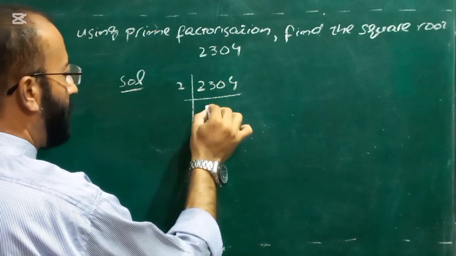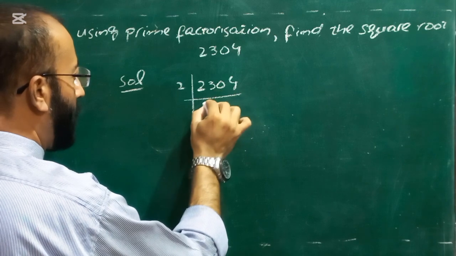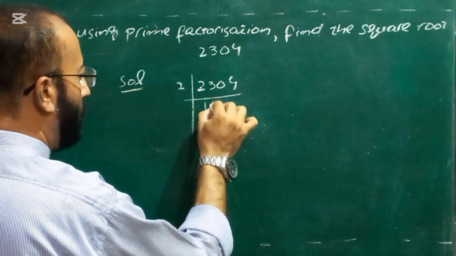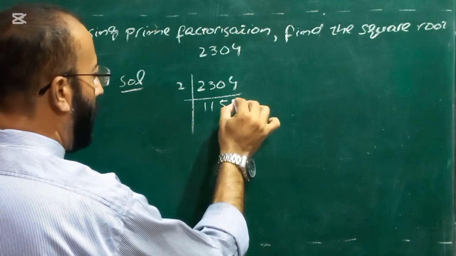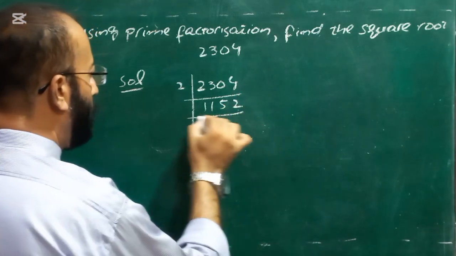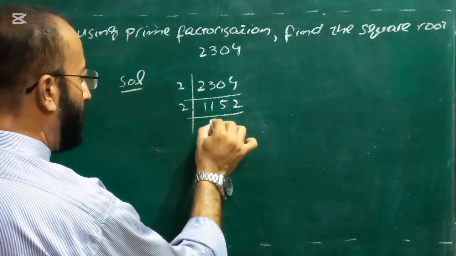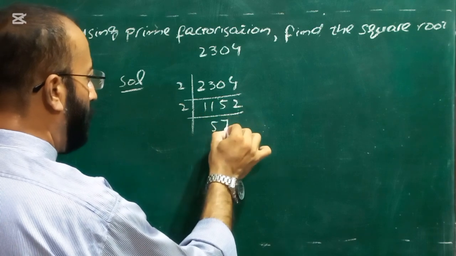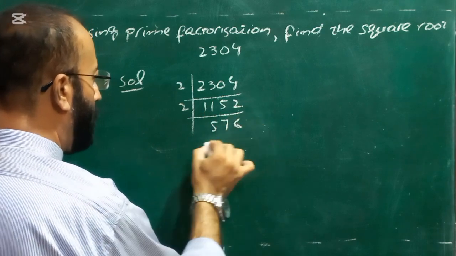So in 2's table, these values are coming. 2 1s are 2, 2 1s are 2, 2 5s are 10, and 2 2s are 4. Again in 2's table, this number is coming. 2 5s are 10, 2 7s are 14, 2 6s are 12.